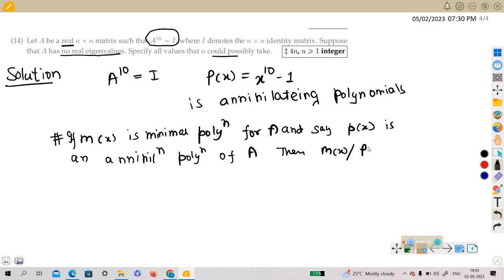This is a result. So we are interested in finding the minimal polynomial of A.